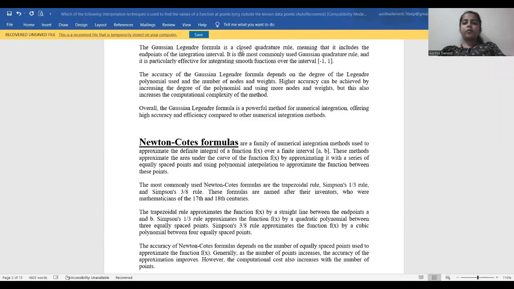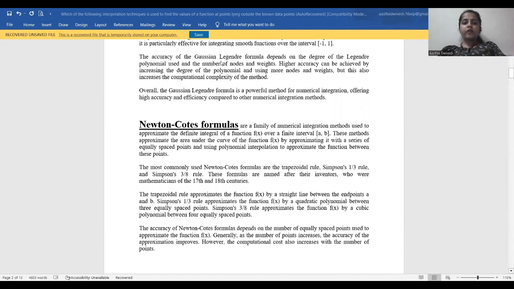The Gaussian Legendre formula is a closed quadrature rule, meaning that it includes the endpoints of the integration interval. It is the most commonly used Gaussian quadrature rule, and it is particularly effective for integrating smooth functions over the interval -1 to 1. The accuracy of the Gaussian Legendre formula depends on the degree of the Legendre polynomial used and the number of nodes and weights.